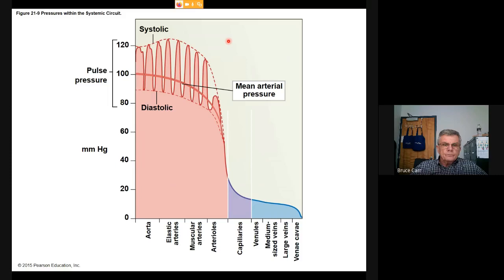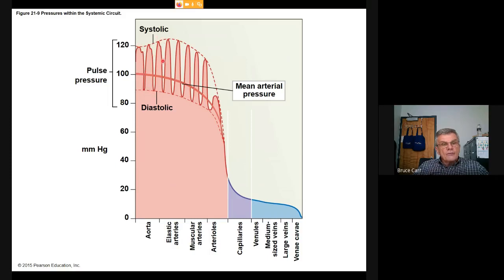Of course, the pulse side, the artery side, isn't a constant pressure. It's oscillating between the systolic maximum and the diastolic minimum.